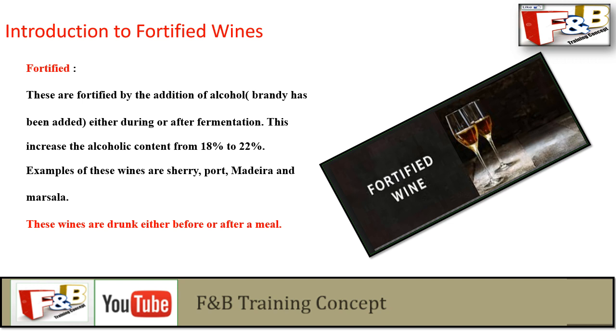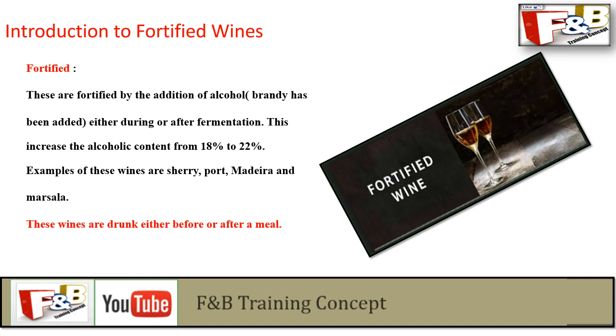But for them to be classified as fortified wines, grape spirit is added to bring the alcoholic content up to 18 to 22 alcohol by volume. Examples of these wines will be sherry, port, Madeira, and Marsala.